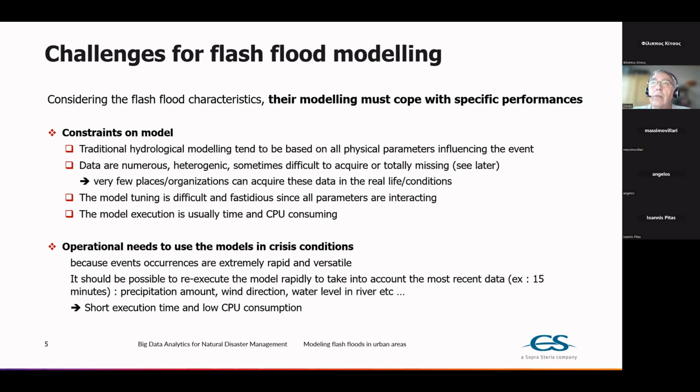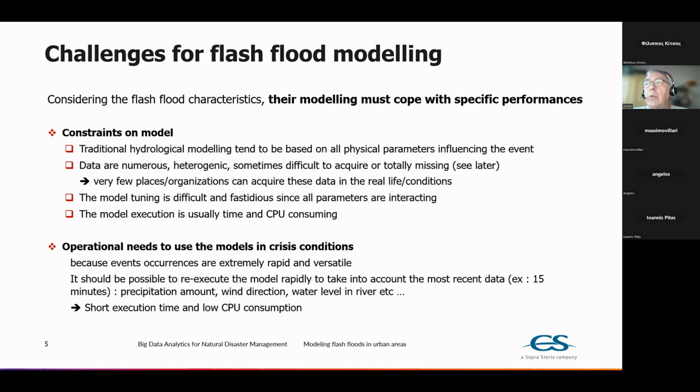In addition, the tuning of this type of model is difficult, it's long, it takes time, it's sometimes very difficult to converge. And usually they use a lot of CPU time, which we'll see. It's a kind of problem for the operational agency, because when you have a flash flood, things like the precipitation are changing very rapidly.